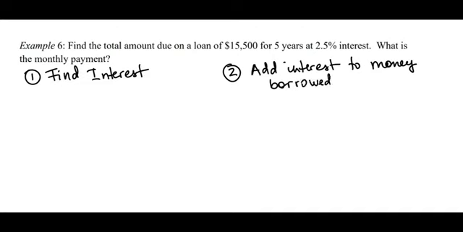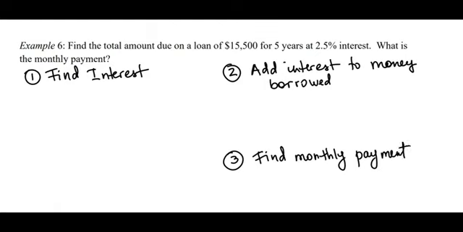Basically, in step number 2, we will find the total cost of the loan, and then finally, step number 3, we're going to find the monthly payment. So 3 steps for this problem. Let's go ahead and find the interest using our formula, I equals PRT.